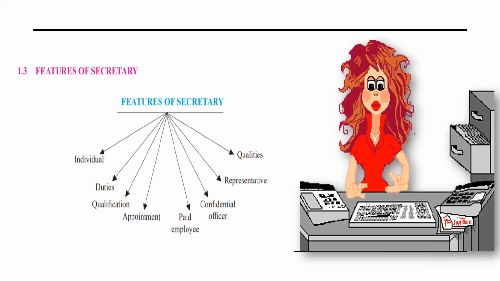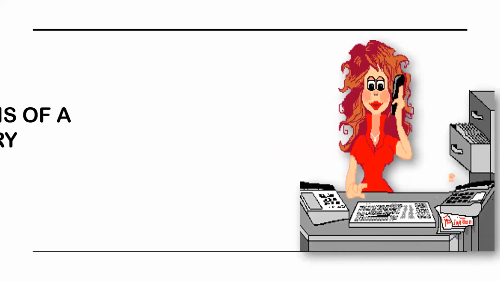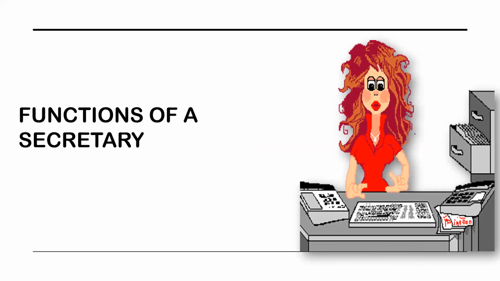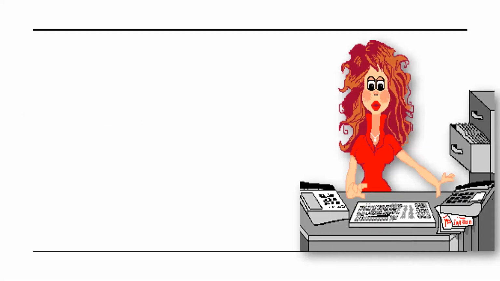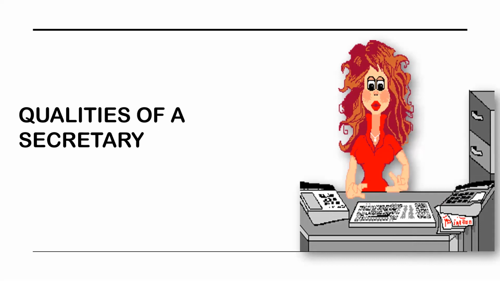Then we saw the features of secretary, of which I have given you the smart code, so you can refer to the previous videos. After features, we started with the different functions of a secretary. After functions, we finished the qualities required to become a secretary.